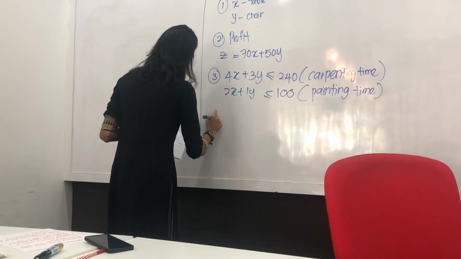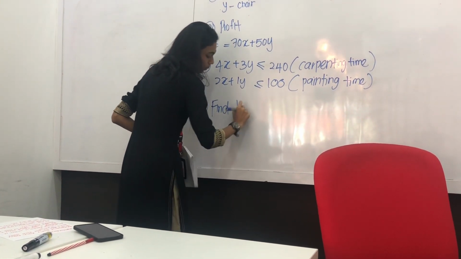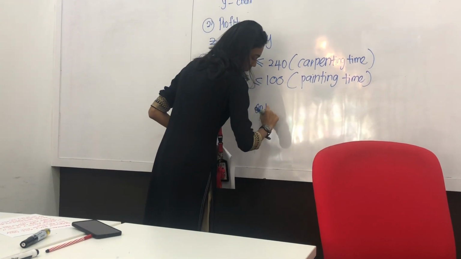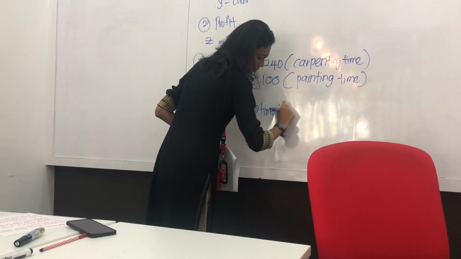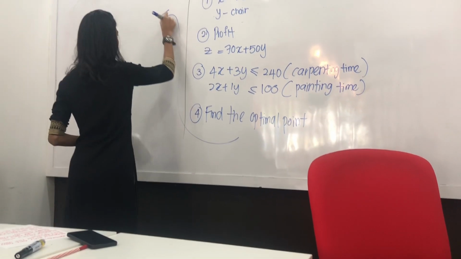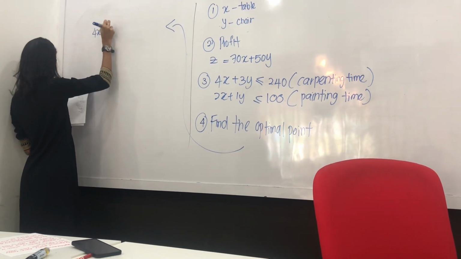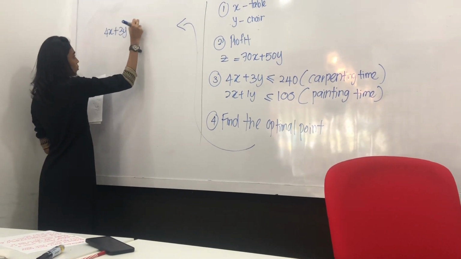So next is the fourth step: find the optimal point. 4x plus 3y equals 240.